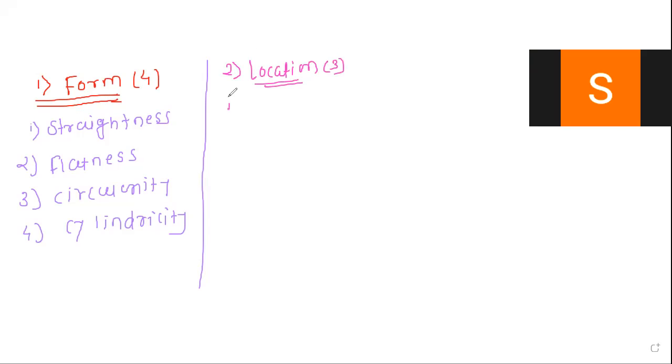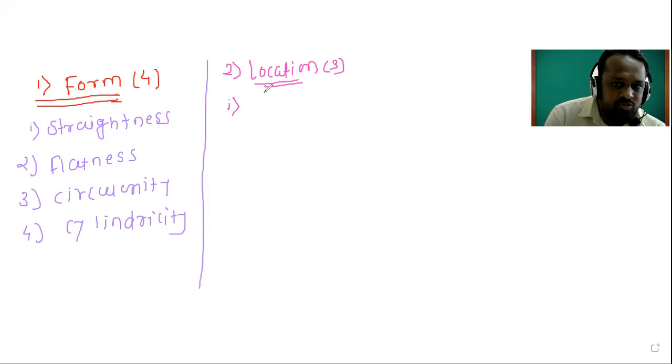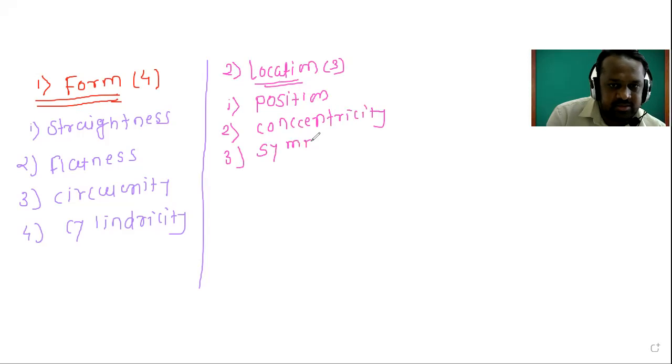What are those 3? First is the position, then second is the concentricity, and the third is the symmetry.